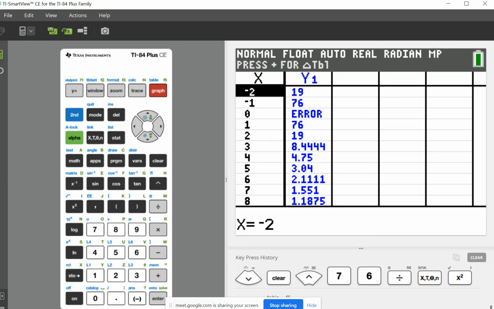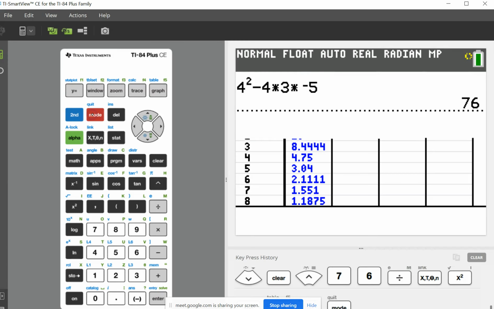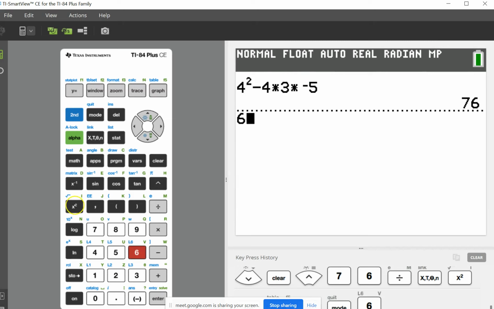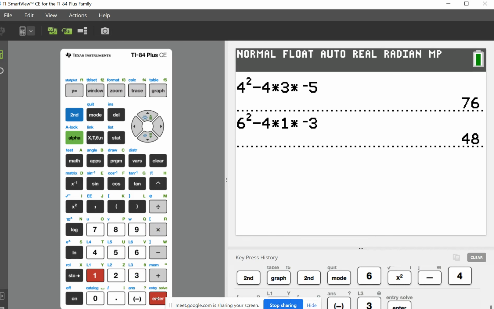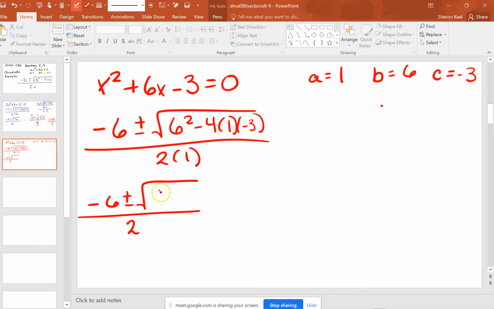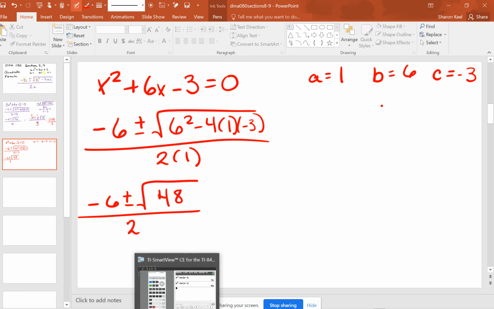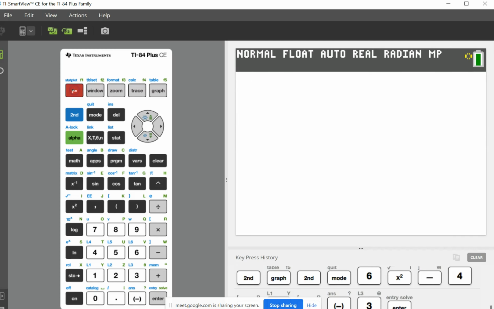Okay, so we have 6 squared minus 4 times 1 times negative 3, and that gives me a positive 48. I'm then going to go to y equals.